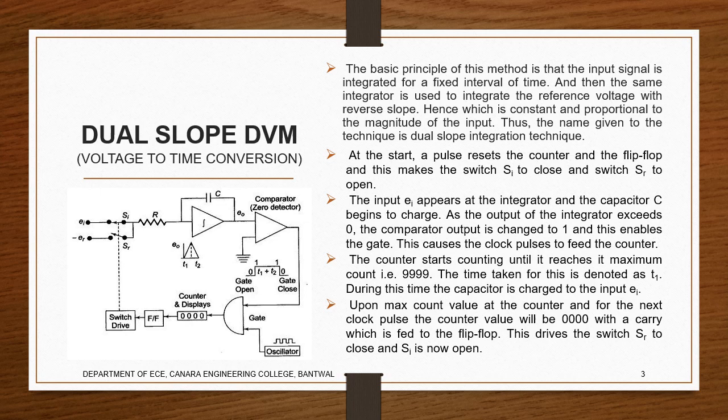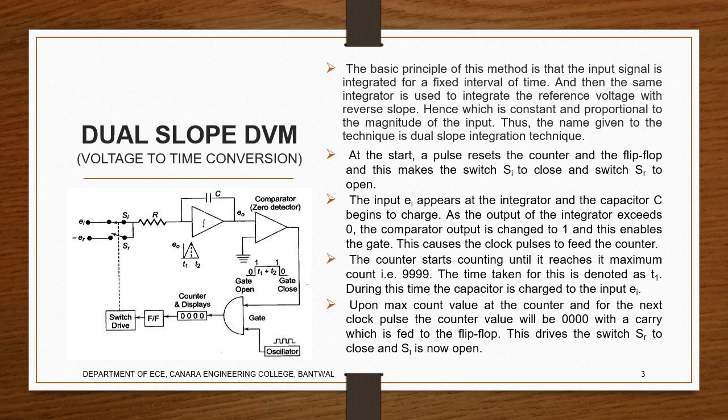At present you can see two switches here, SI and SR. SI is for the input EI, whatever the input voltage is given. The other is for the minus ER, which is nothing but the negative reference. Now what we are doing: at first SR is open and SI is on.